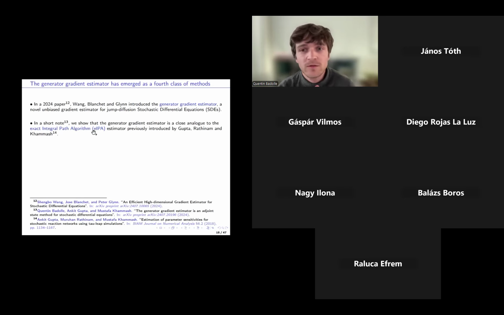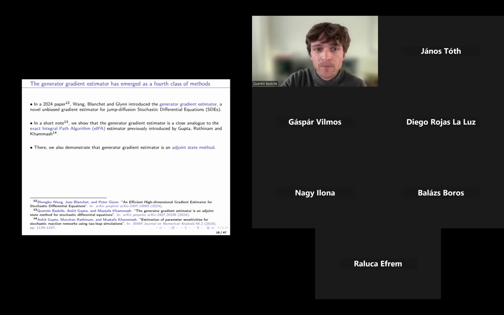And it's quite striking to see that finite differences become derivatives. So you have all the transformations which you would expect if you go from the framework of SDEs to CTMCs, but essentially the formula which you get is exactly the same. In this note, we also demonstrate that the generator gradient estimator is an advanced state method.